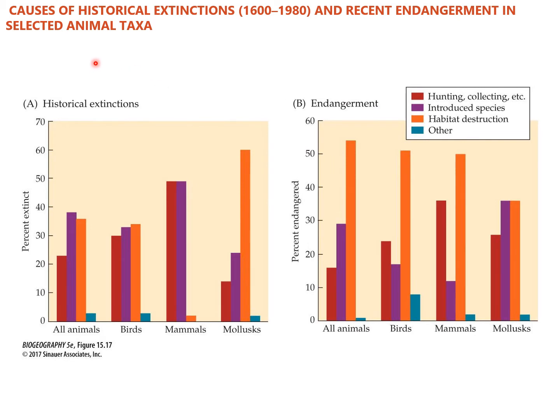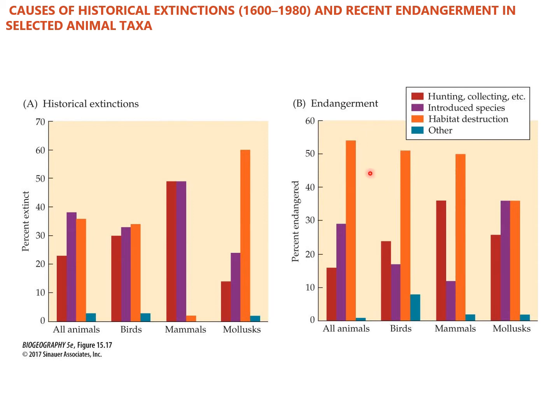Here we're looking at the causes of extinctions from about a 400-year period, just about, and compared to very recent endangerment in selected groups of animals. If we look at historical extinctions, we're breaking them down by types here. Except for mollusks, it's pretty evenly split across these groups as far as whether it was hunting or introduced species or habitat destruction. Obviously, mollusks being much more skewed towards habitat destruction.